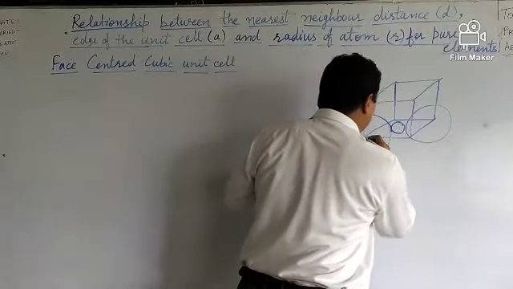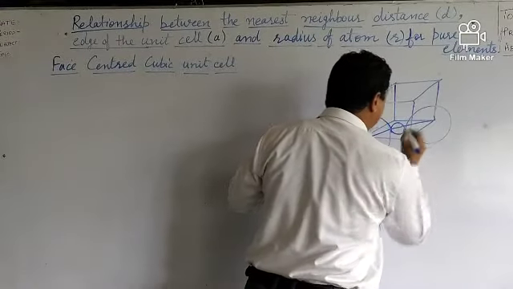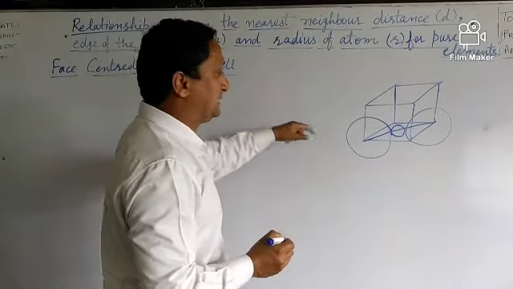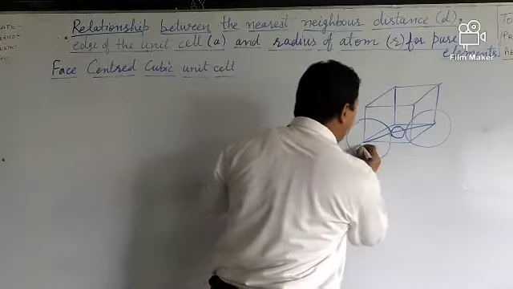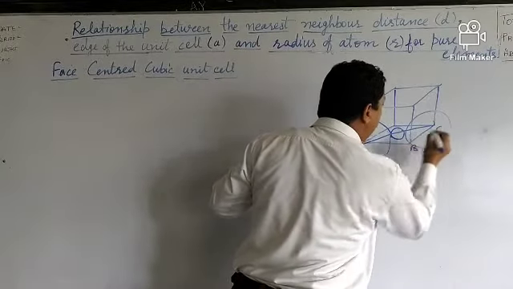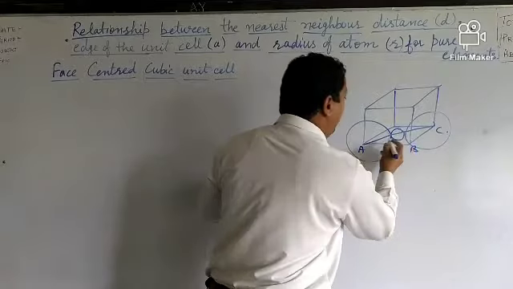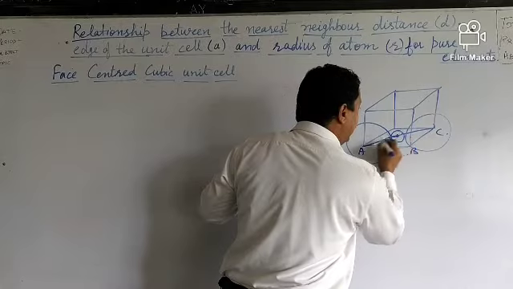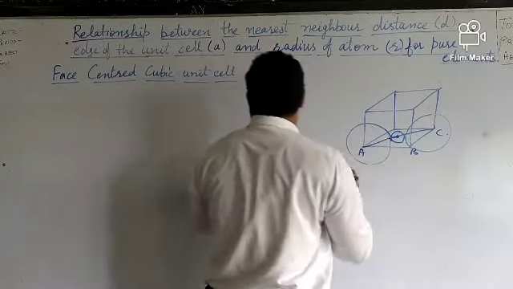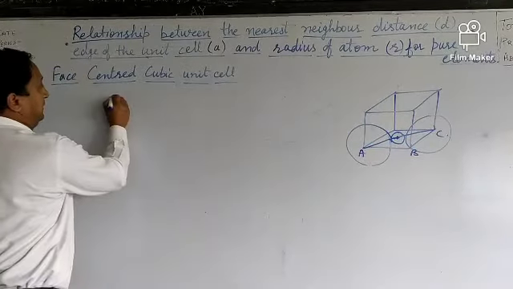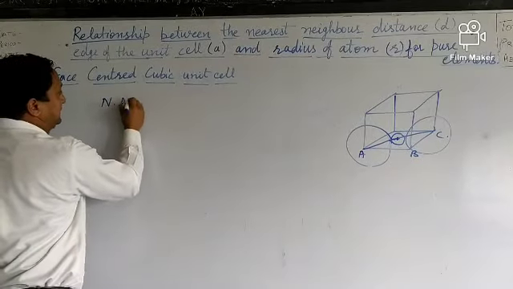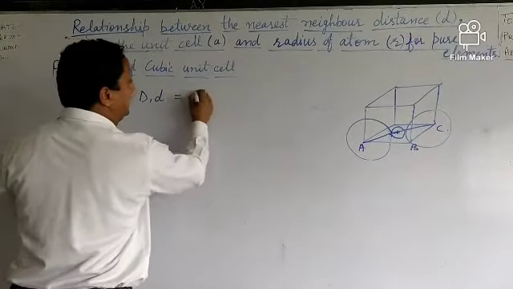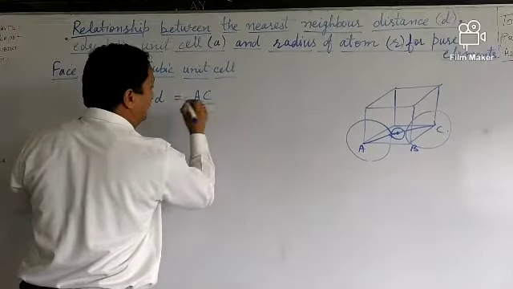So if you see the nearest neighbor distance in case of FCC, that will be equal to AC by 2, because it is this circle and this circle, this and this. So nearest neighbor distance D is equal to AC by 2.